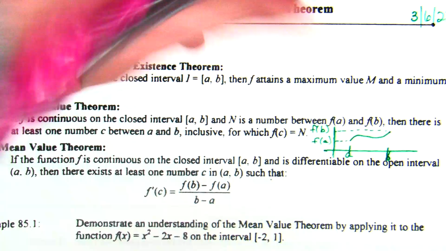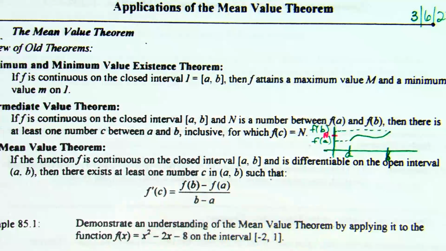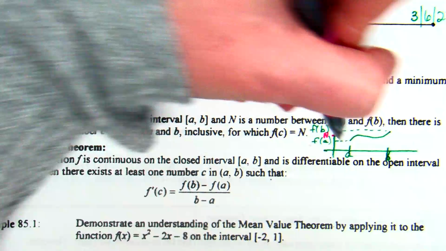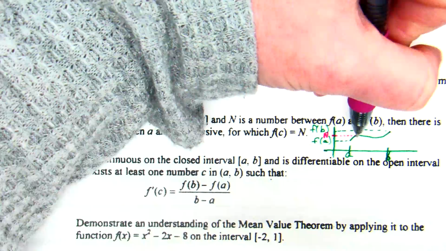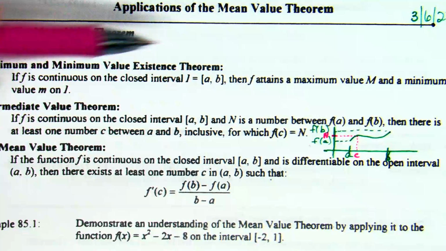My graph is too small. So n is a number between there. Then there is at least one number c between a and b. I don't know where this is exactly going to end up. Okay. There's at least one number c between a and b, inclusive, for which f of c equals n.